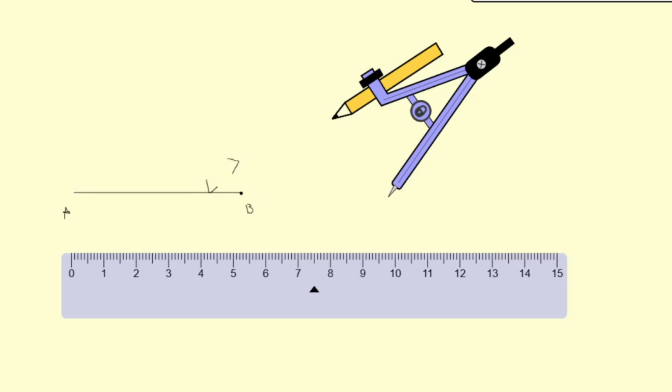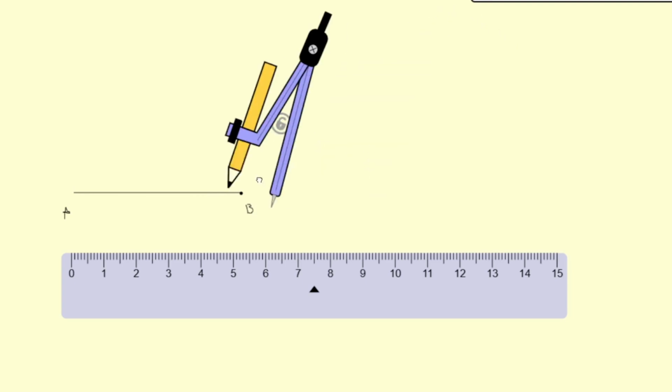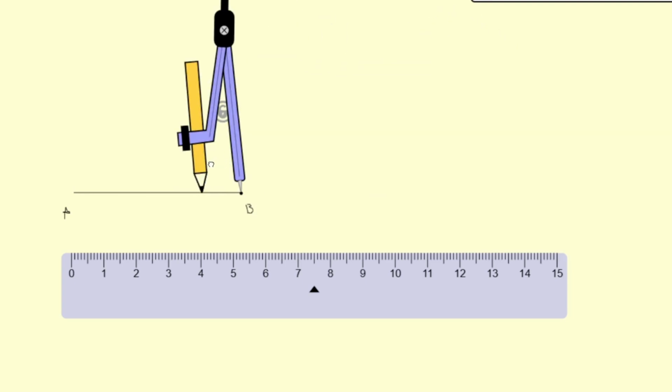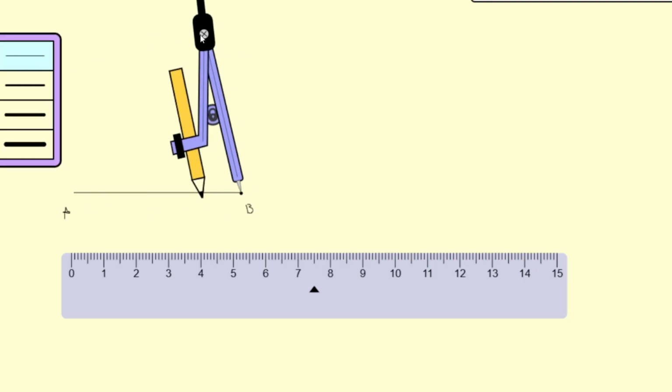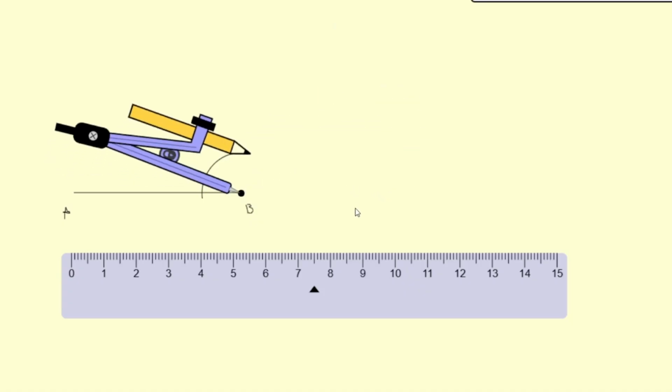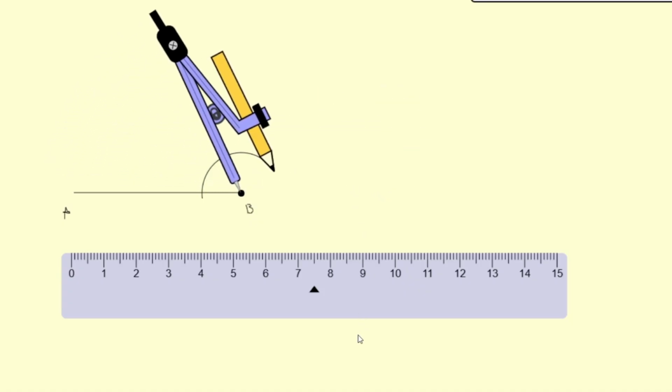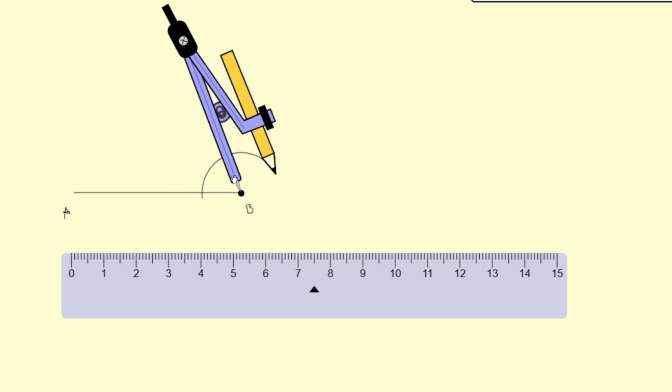There's another way we could do this, which is to do the same method that I taught you just now, which is to place your point here, open to a convenient radius, scribe, and we would stop right there. We wouldn't go over any further.